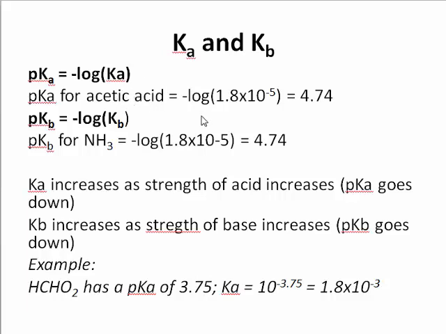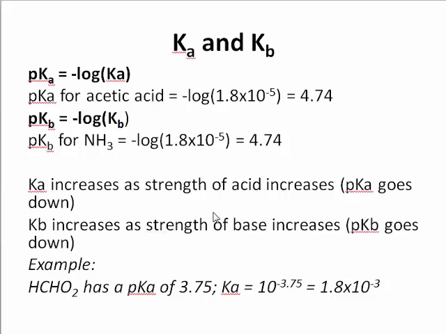For example, pKa for acetic acid is 4.74, and we have the same pKb for ammonia. Ka increases as the strength of an acid increases, which means that pKa goes down. Kb increases as the strength of a base increases, which means the corresponding pKb goes down.